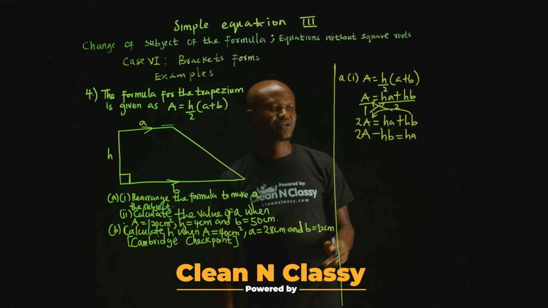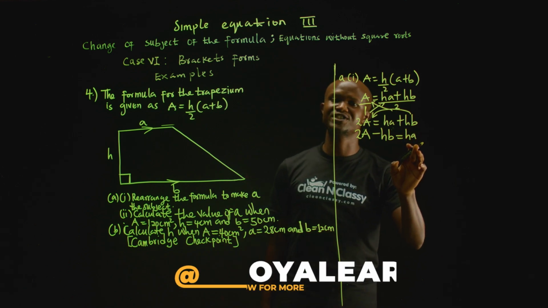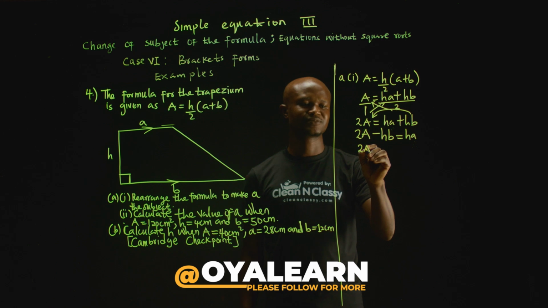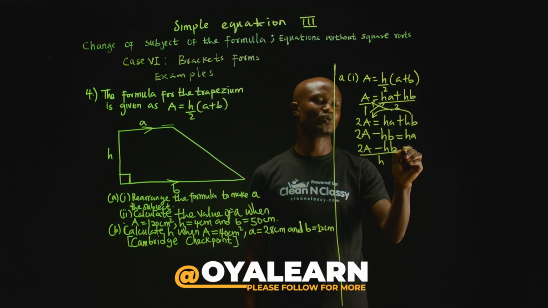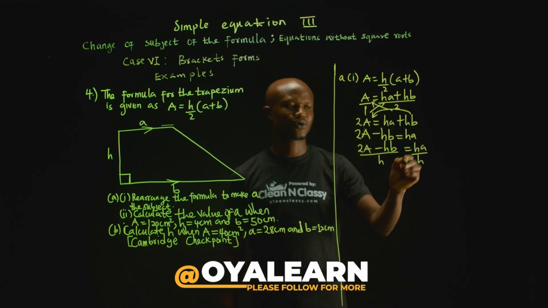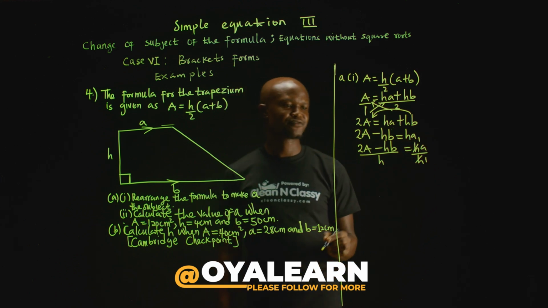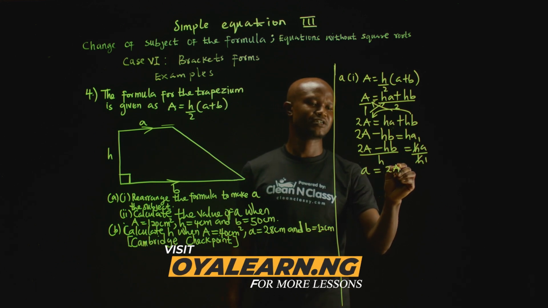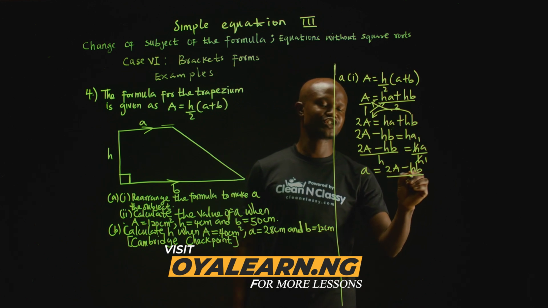Now from here, for us to make a the subject, we need to divide both sides by the coefficient of a, which is h. Then we have 2A minus hb divided by h equals ha divided by h. Now, h cancels h. We now have a equals 2A minus hb divided by h.